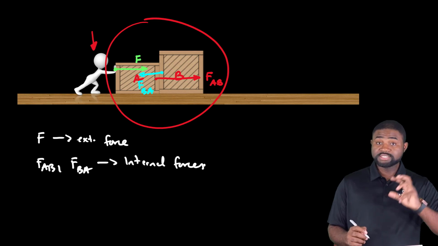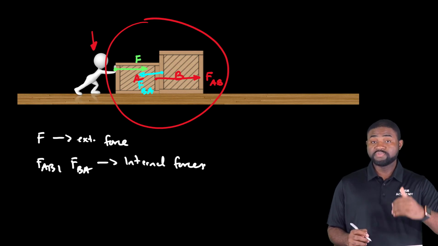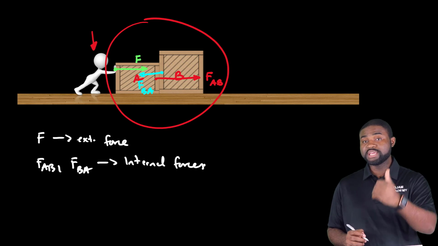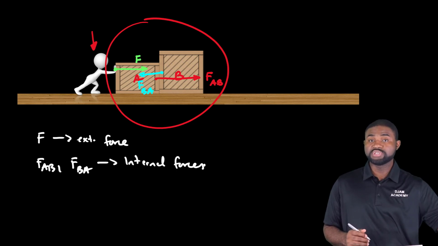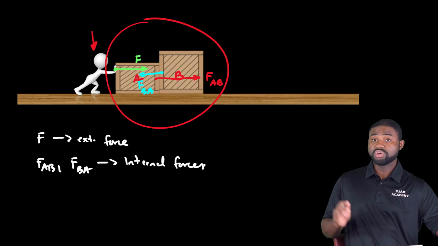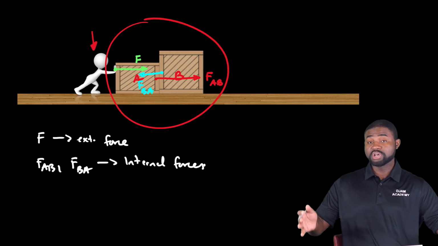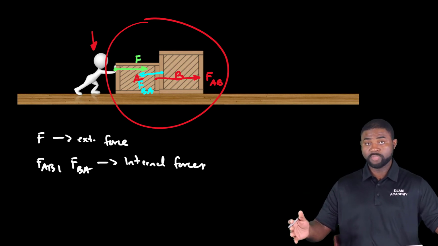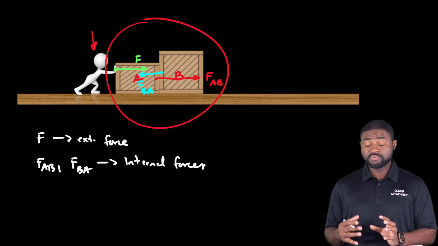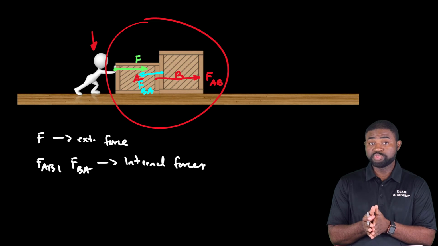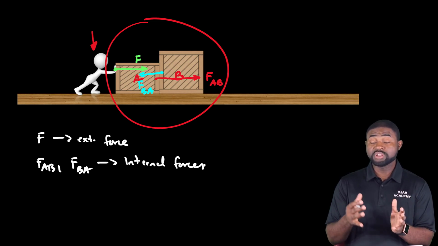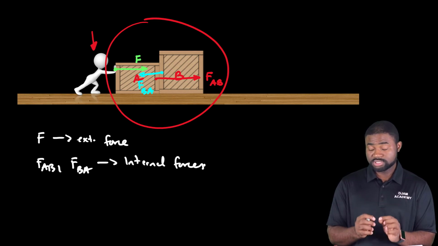An external force is a force due to an interaction that occurs between an object in the surrounding or in the environment with the system or with an object within the system. Now an internal force really is due to interactions between different parts or different objects within the system.